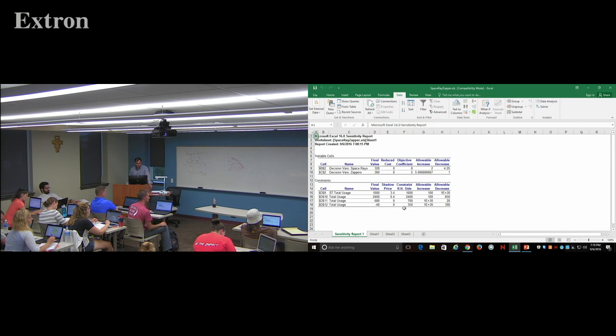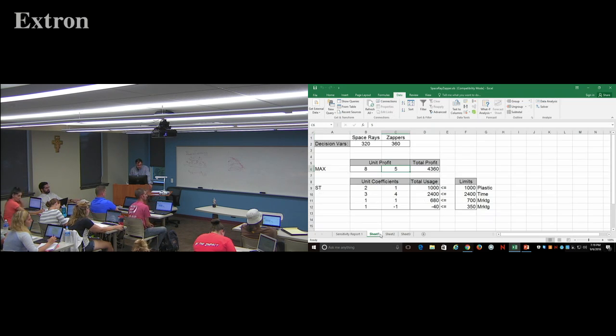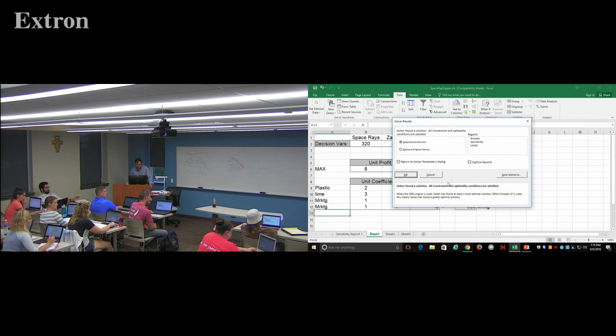So the shadow price for, let's see, I should have put the units on this. It's better if you put them out here because it'll capture this. So I'm going to put time, marketing, and resolve it. Now it'll show that.